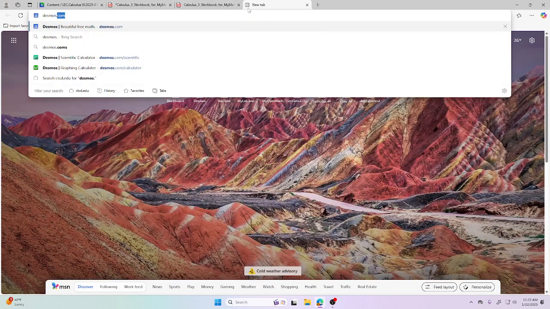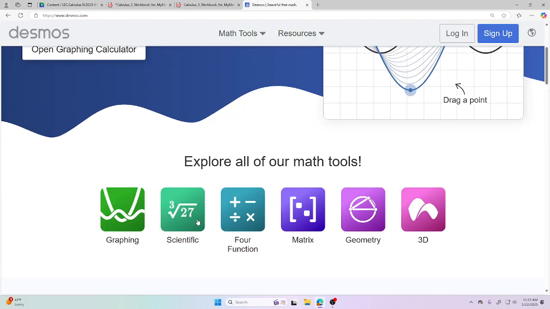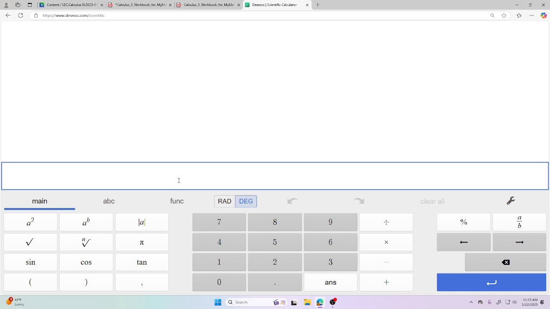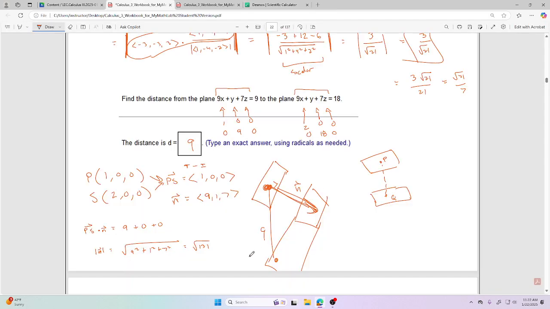I'm going to go to Desmos for this. So, we had 81 plus 1 plus 49. Look at that. Oh, you're right. Look, and you're just dividing those, and there's your answer. So yeah, not 9, but that other stuff. And that's okay.